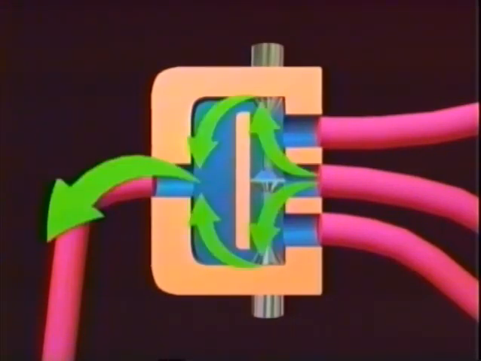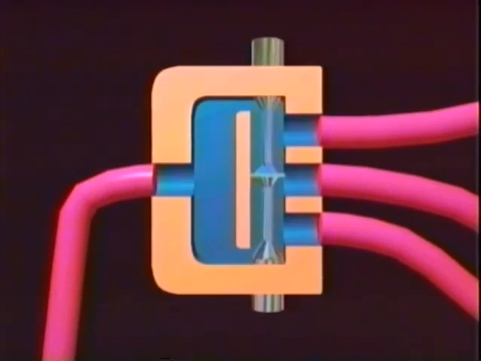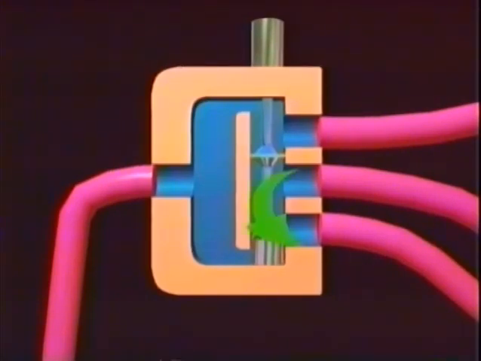When the valve is in the neutral position, fluid flows around the valve spool and back to the reservoir. Now watch the direction of flow change as the control valve is moved to extend the piston rod. Instead of returning to the reservoir, the fluid from the pump is sent to the lower chamber of the cylinder, forcing the piston up.